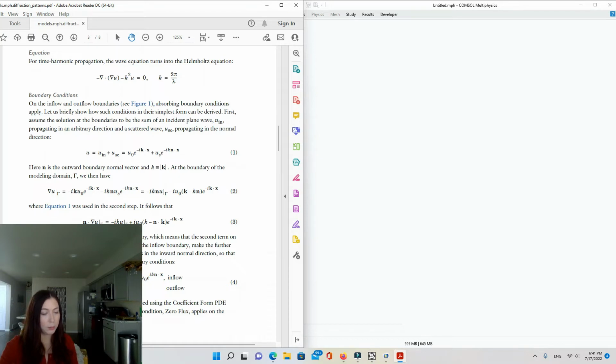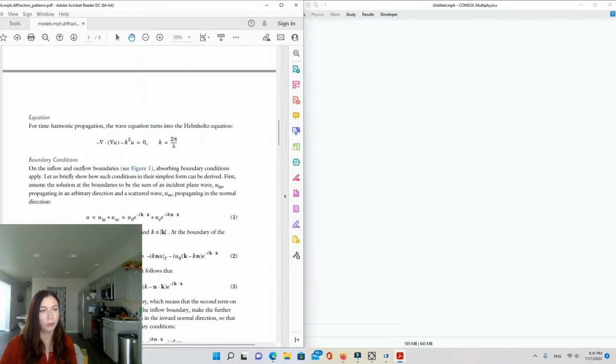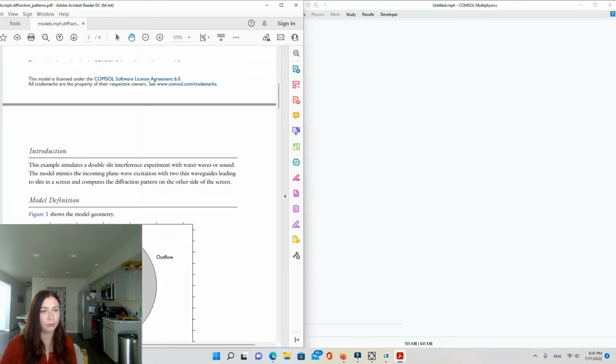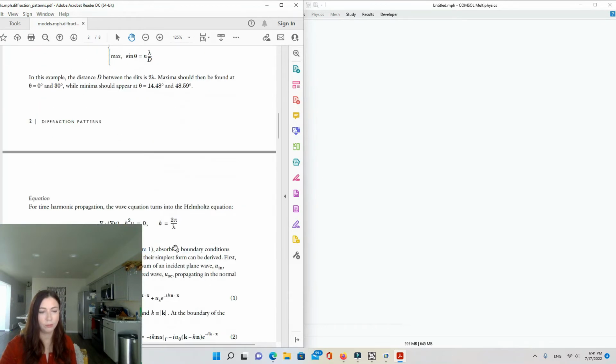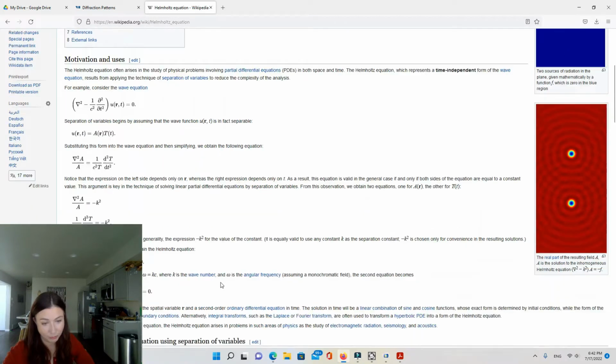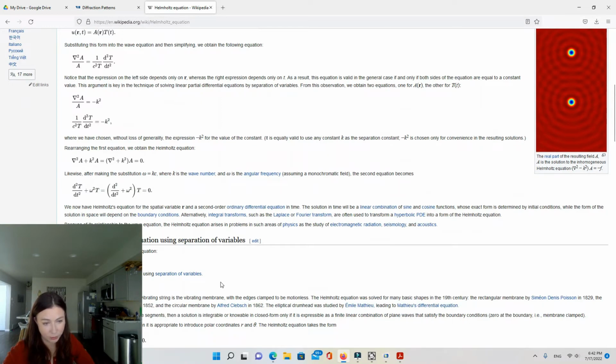The normal vector times del u evaluated at gamma, the boundary of the modeling domain, equals, let's see, the negative imaginary component of the absolute value of, what is k? Let's see, k, the wave number.